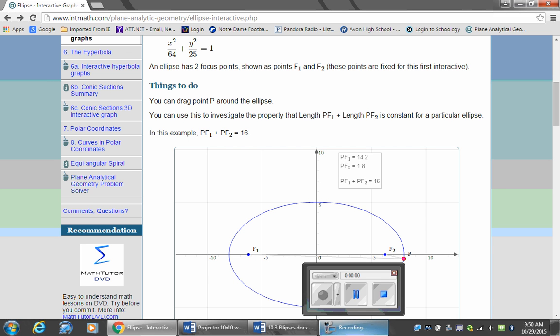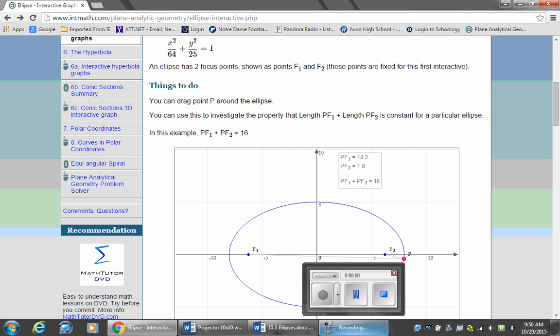Still adds up to 16. You can see the individual lengths. This length on the horizontal axis, that's 14.2, and the distance from the y-axis to that point is 1.8. And as you move it around, those values change, but they constantly add up to 16. That's where the definition comes from.